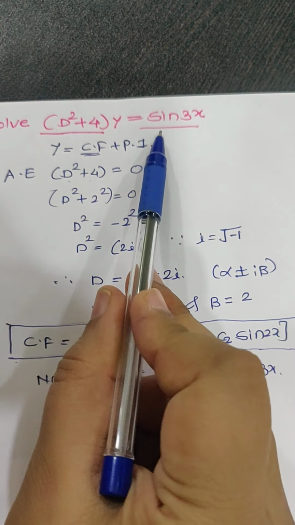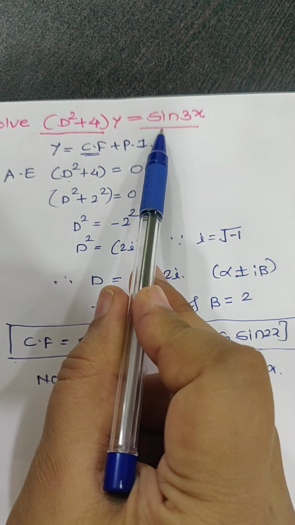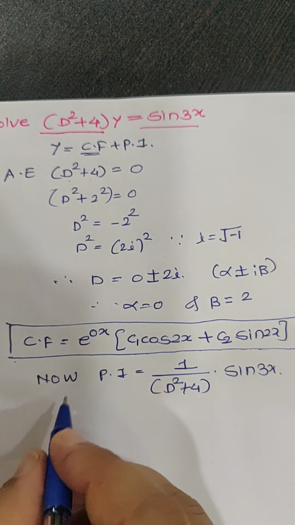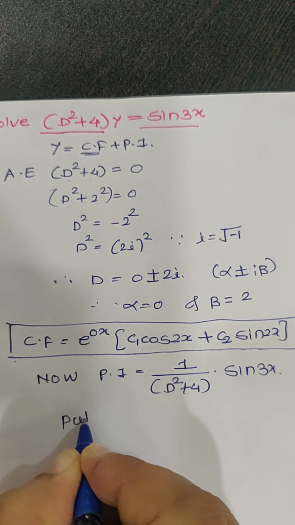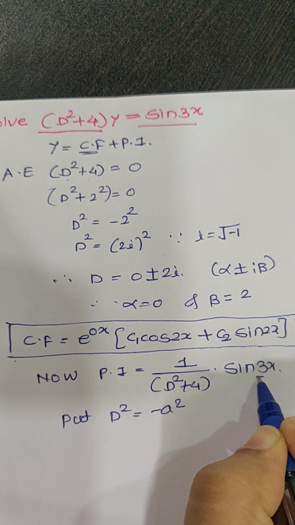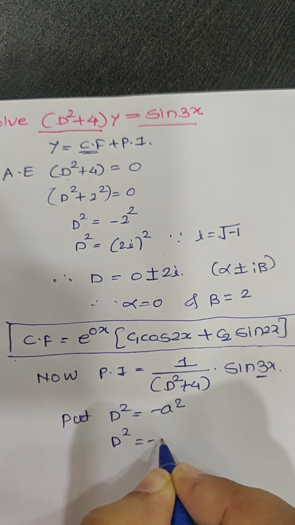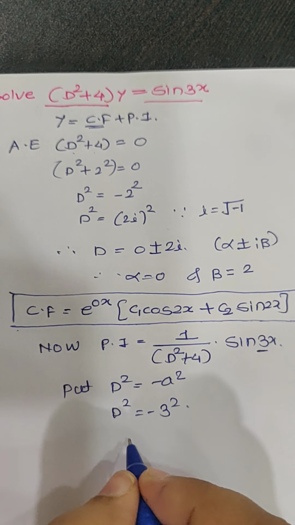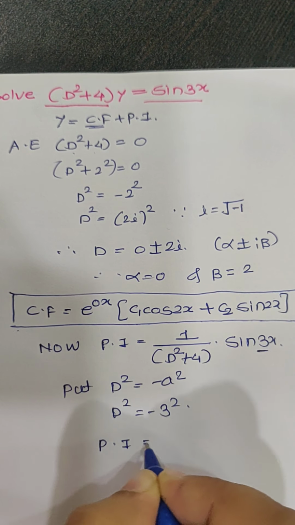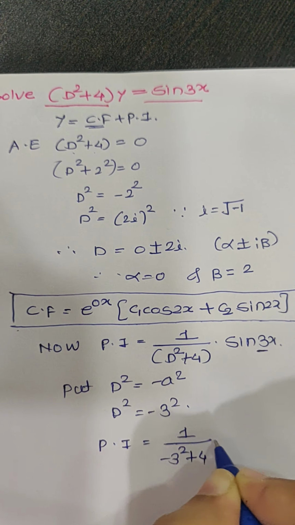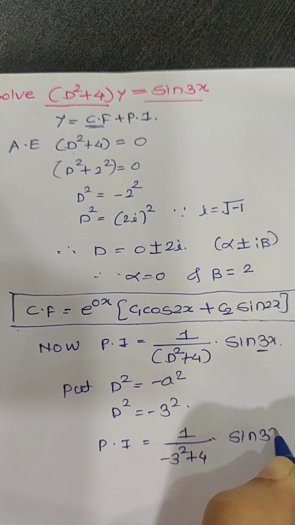Now whenever the right hand side is any function of sine or cos, then we have to put D square is equal to minus a square. In this case our a is 3, so D square is equal to minus 3 square. Rewrite this equation: PI is equal to 1 upon (minus 3 square plus 4) into sin 3x.